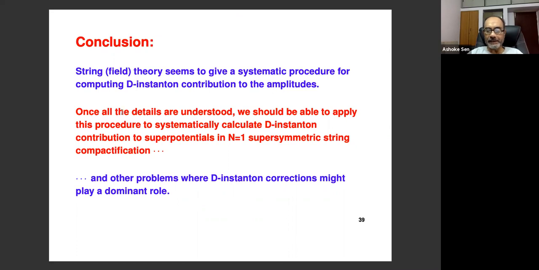Once all the details are understood, and if we do manage to get the right answer, then we should be able to apply this procedure for systematically calculating D-instanton contributions to superpotentials in N=1 supersymmetric string compactification. That's the immediate example I can think of. Presumably there are other problems where D-instanton corrections might be important, and we could apply these techniques there. I think that's about it. Thank you.